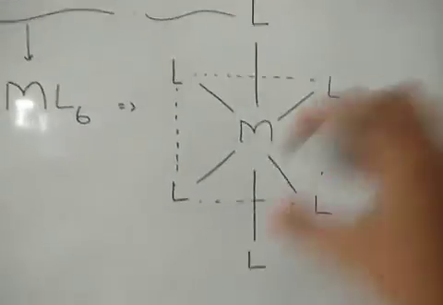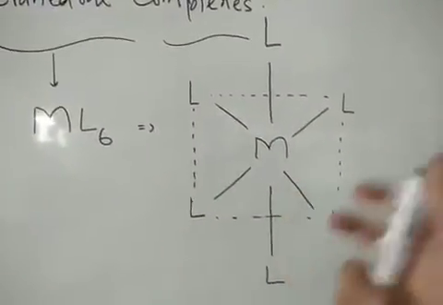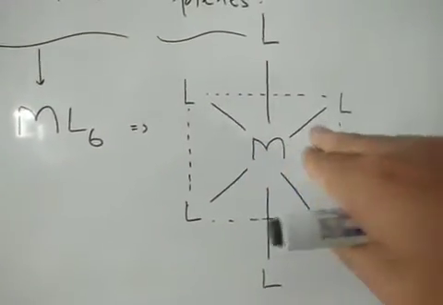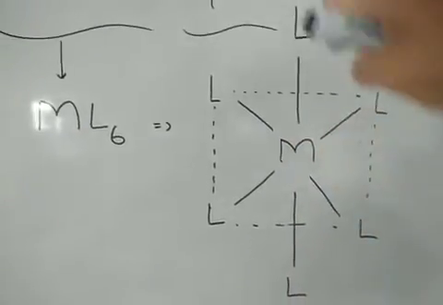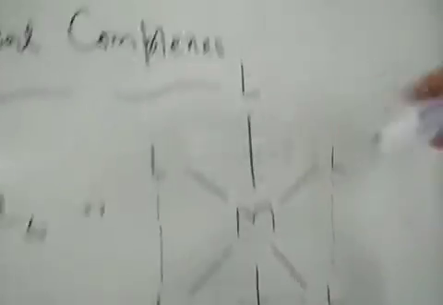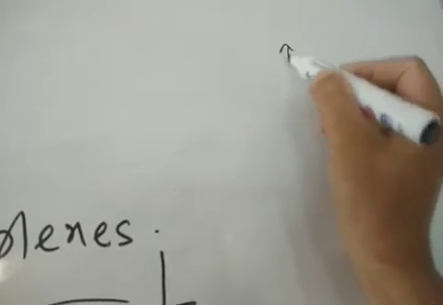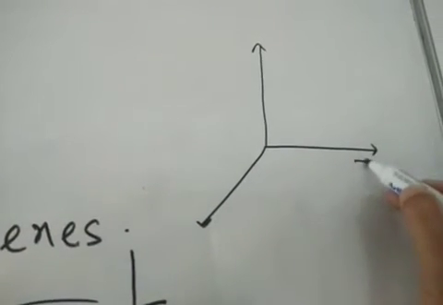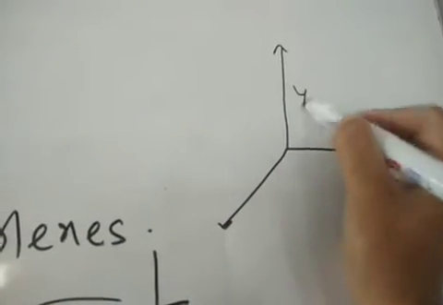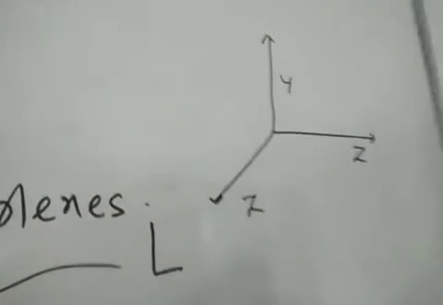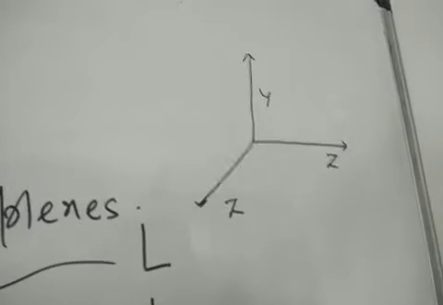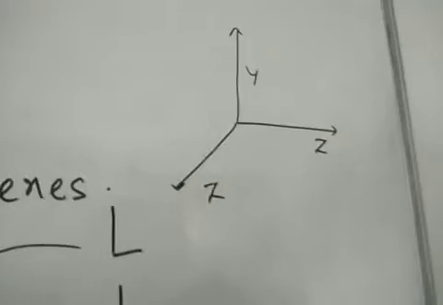Because in a 6 coordinate complex, the preferred, stable geometry is octahedral. In octahedral complexes, all the ligands are oriented along the x, y, z coordinate axes. If I say this is z, this is y, this is x, they are oriented along these axes.